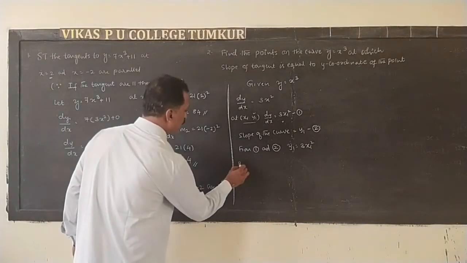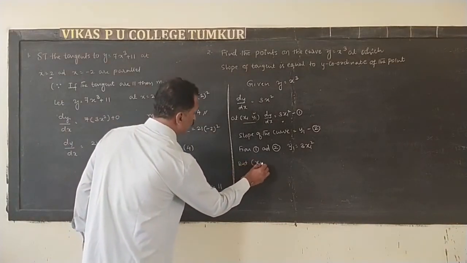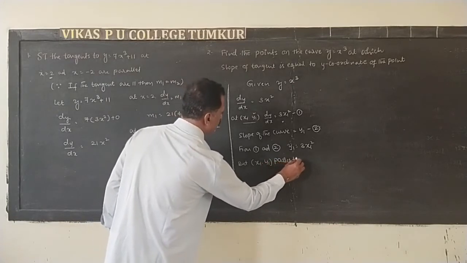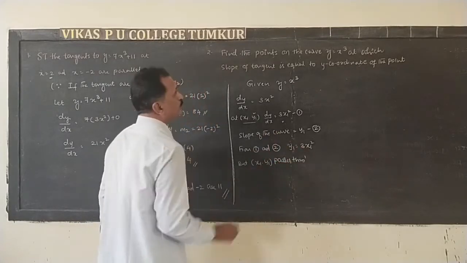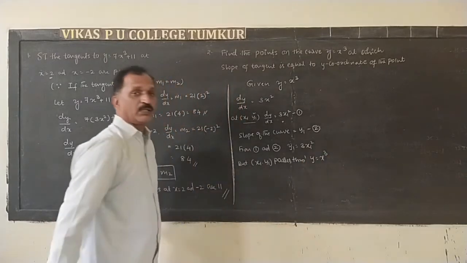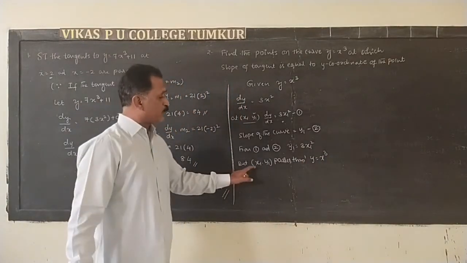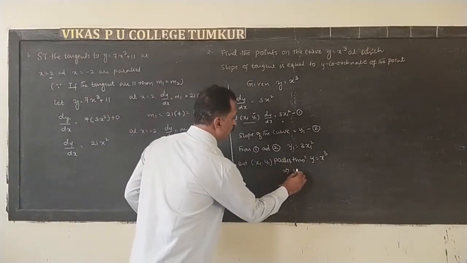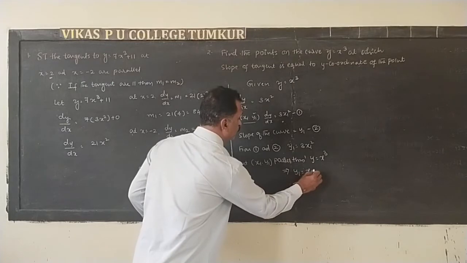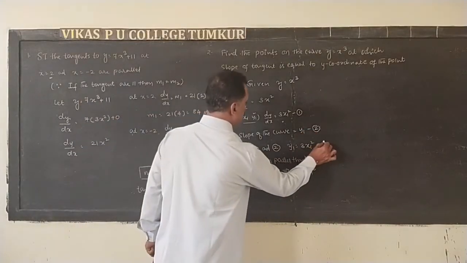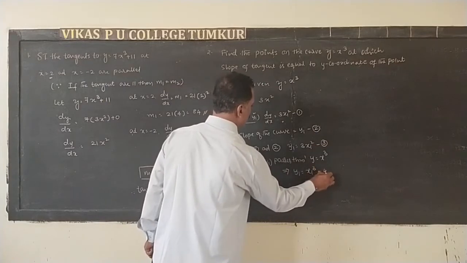But the point x1, y1 passes through ಯಾವ equation ಕೊಟ್ಟಿರತಕ್ಕಂತ equation y is equal to x cube. ಇದರ ಅರ್ಥ ಏನು? I can substitute x1, y1 in the equation. This should clearly be y1 is equal to x1 cube ಆಗಿರುತ್ತೆ. Call this as equation 3 and this will be equation 4.